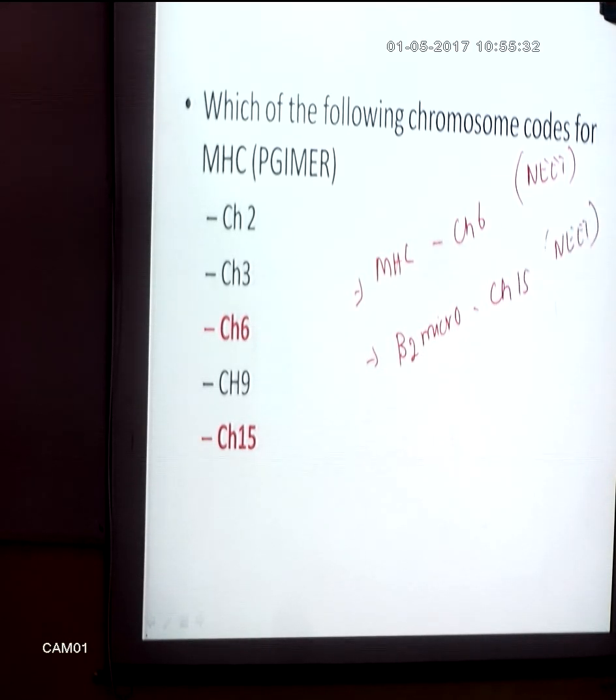Your answer differs on the question. Read the question. If it is MHC in general, it is chromosome 6 because the majority is coded by chromosome 6. If it is specifically the beta 2 microglobulin chain of MHC 1, which chromosome is coding? It is chromosome 15. It's a theoretical fact and you have to know this, especially for PGI questions, because no one will know unless you have listened to this class or you have read the new recent advancements.